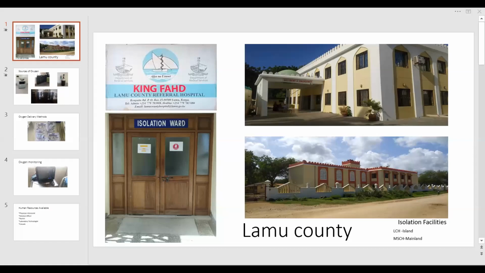Thank you very much. I'll now invite Dr. Otieno from Lamu County. Communicating with me. Wait for Dr. Otieno. Dr. Muya, please go ahead. Good morning, everyone.